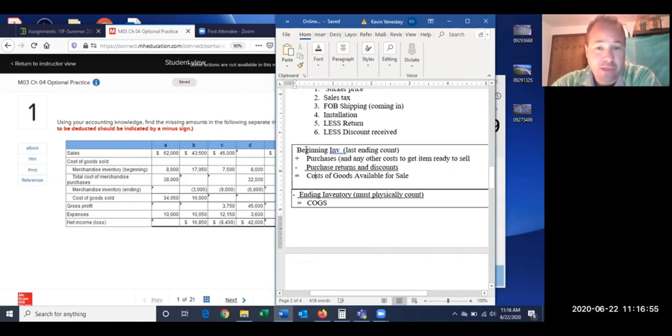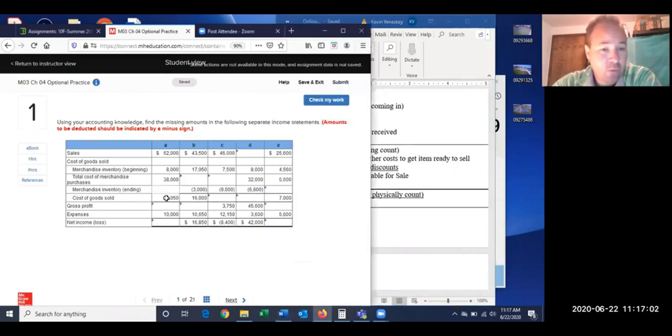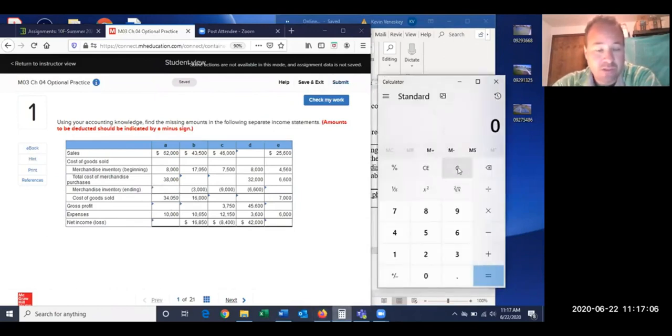That's fine, you don't have to. But this plus this minus the ending inventory, that's what we're trying to find here, will give us our cost of goods sold. So all we want to do is just reverse and work this problem just a little bit backwards. So the total goods that we have available for sale are the 8,000 plus the 38,000. So we've got 46,000 ready to be sold.